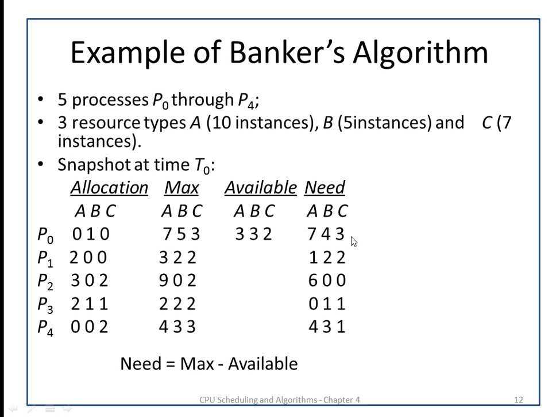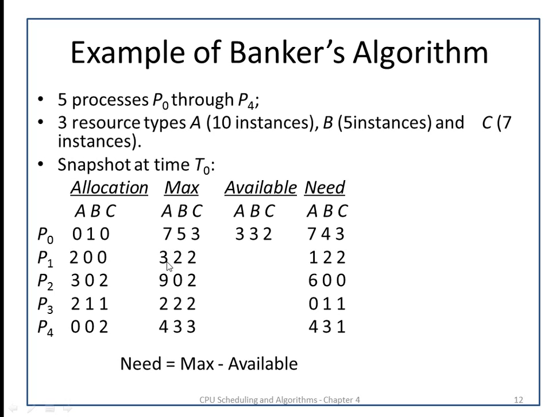Now we can find the need of all these processes, following the formula Need equals Max minus Allocation. The maximum resources required for the execution of P0 are 7 5 3 and the allocated resources are 0 1 0, so the need is 7 4 3.